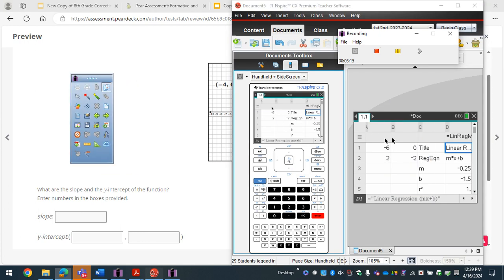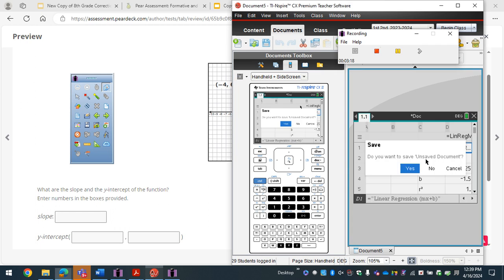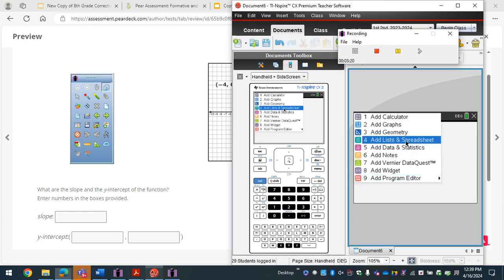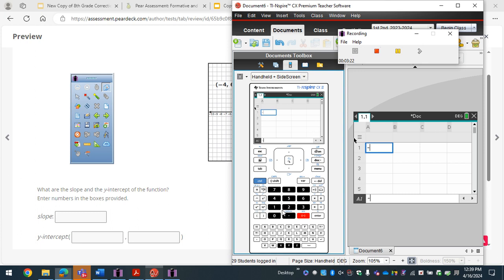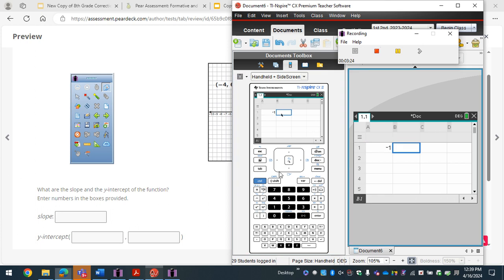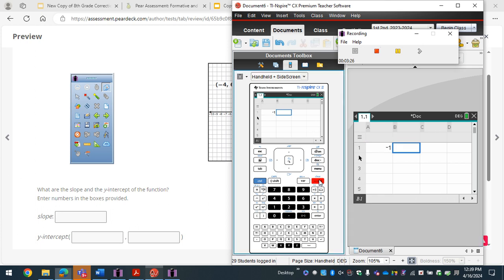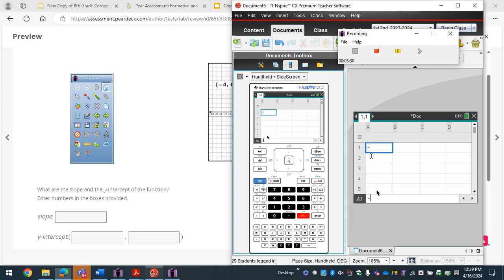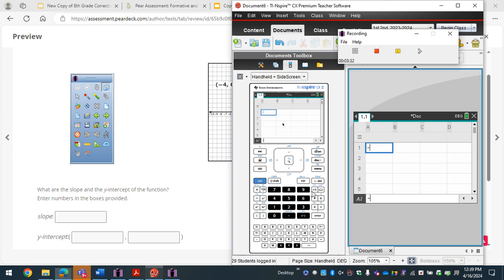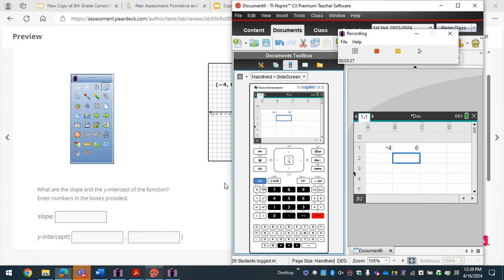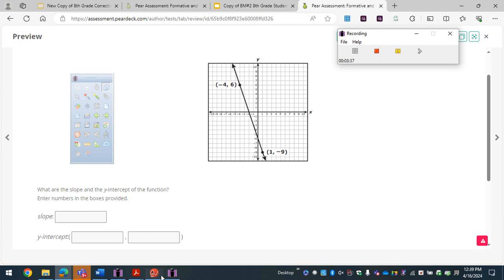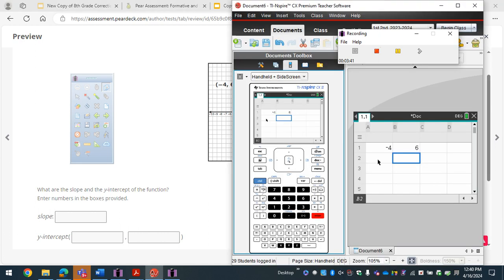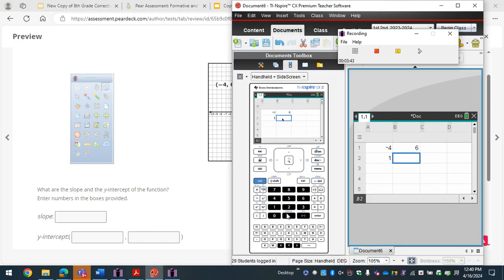Luckily, I had just done that one before, but let me just do it again. Negative 4, 6. And then 1, negative 9.